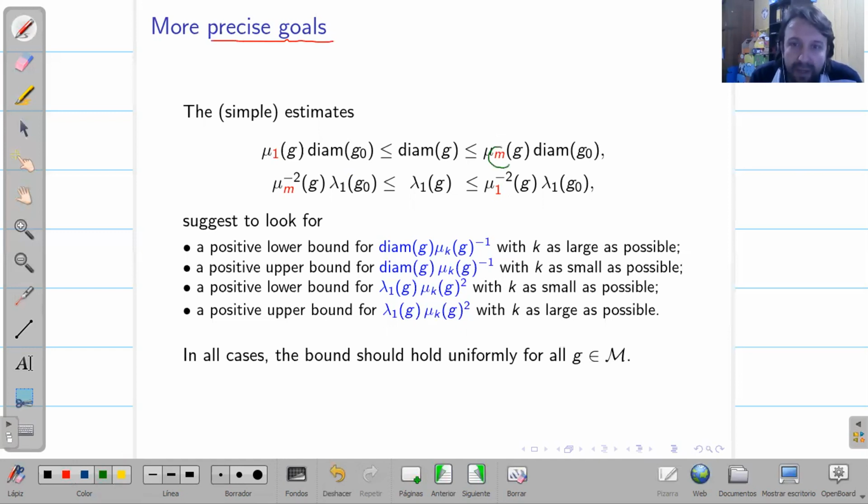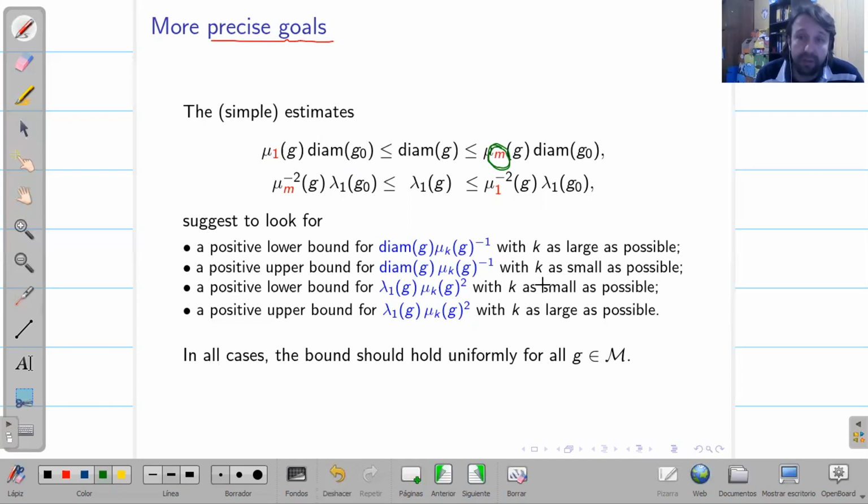Here we have an index m, which means that this element times 1 over this is bounded from above. But can we put some other index? Remember, m is the dimension of G, so m is the largest index possible. So can we put here an index k smaller than m?